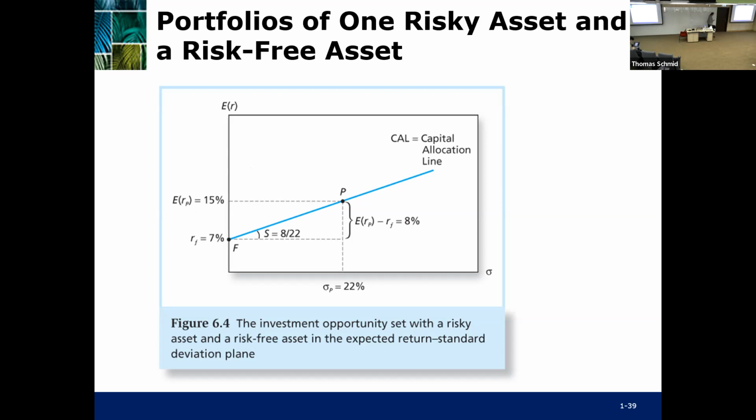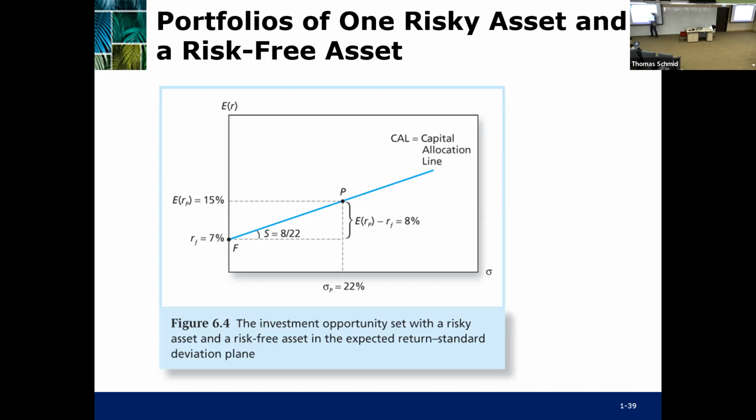And what this capital allocation line shows us is actually all risk-return combinations that we can achieve in this world that only has F and P. Right? We only have F and P, but that doesn't mean we only have these two risk-return combinations. Because we can combine F and P in portfolios. And we can invest everything in P, then this is return and this is risk. We can invest everything in F, then this is risk and this is return.